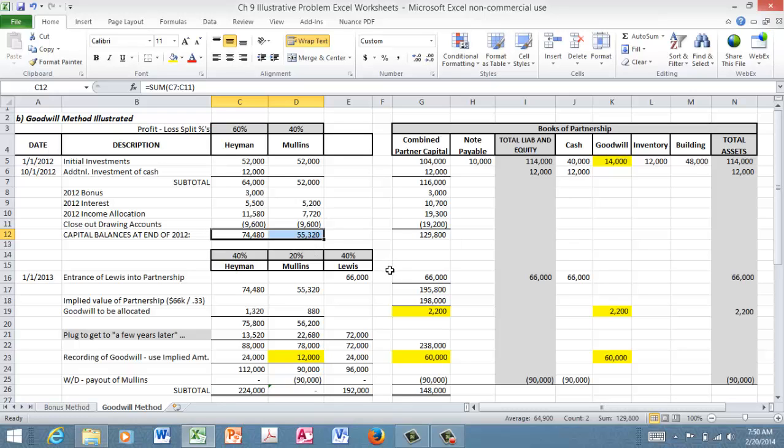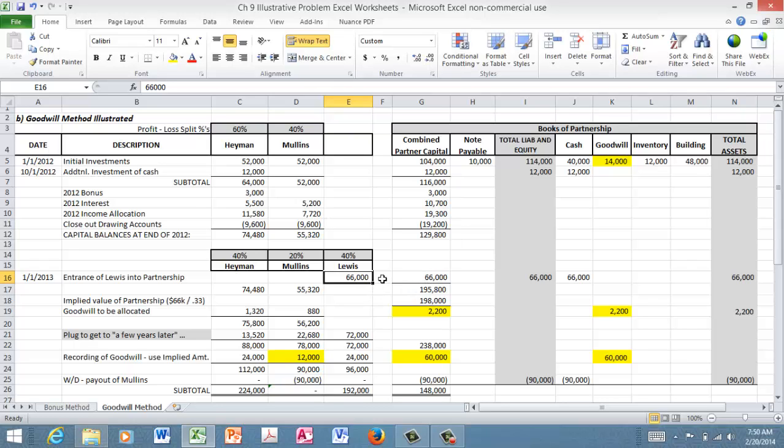Now the next event that occurs is we have the $66,000 incoming from Lewis, and they say, okay, Lewis, you're going to buy a third interest, a 1/3 ownership. Now don't confuse that with the way they're going to split the profits. That's a different issue. Lewis is saying, I'm being entered into the partnership, and I'm going to be a 1/3 equal owner at this point in time, and I'm going to give you $66,000.